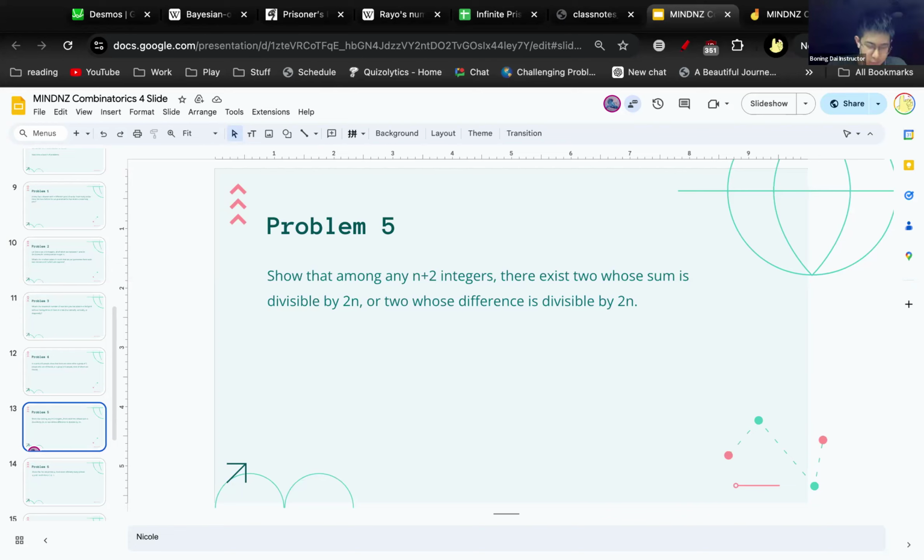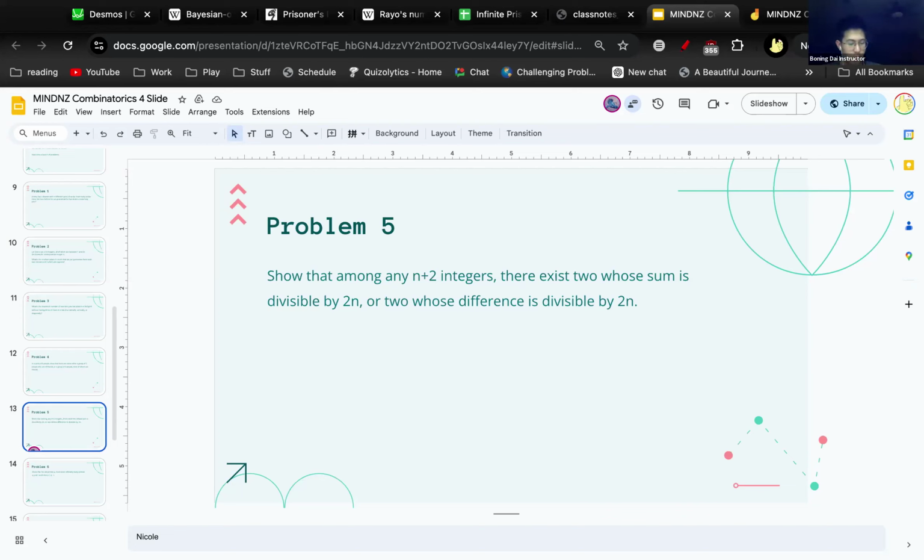So let's look at the numbers mod 2n, because that's when it's easier to do divisibility stuff. Now we have 4 cases: a number is either 0, or it's 1 to n minus 1, or n, or it's n plus 1 to 2n minus 1. Okay, so let's put them into pigeonholes.